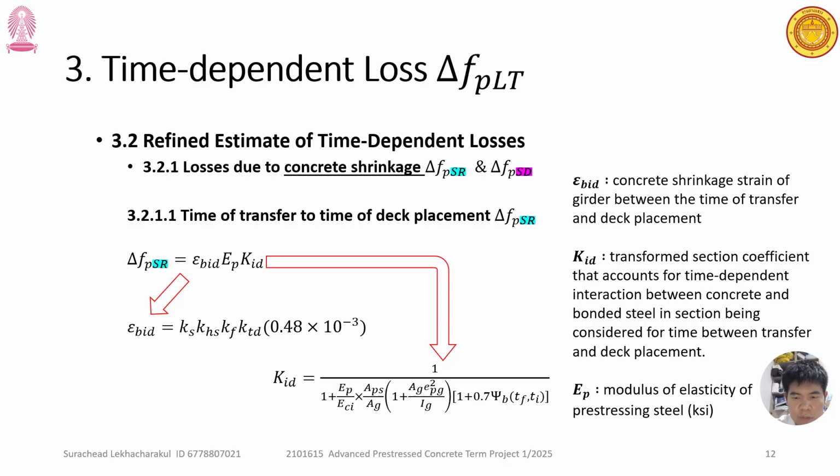And E_p, the last one, is the modulus of prestressing steel.